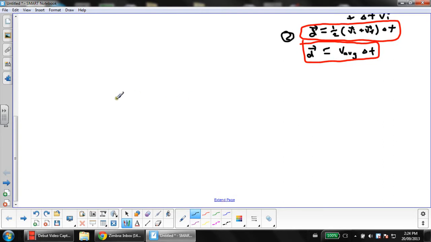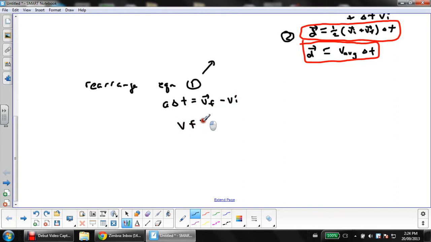And over here now, if I rearrange equation 1 from up there, you can go back and take a look, I get A delta T equals VF minus VI, and therefore VF is equal to VI plus AT.